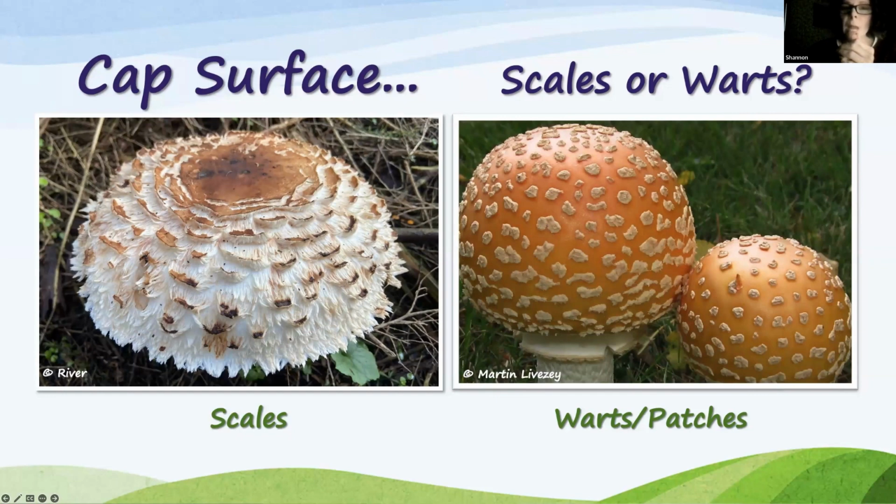and even larger adhesions known as patches. So it really boils down to whether you can remove them, or whether or not by removing them, you remove additional tissue. With warts, if you just rub your thumb over them, they easily come off, and it really doesn't do any damage to the cap by removing them.